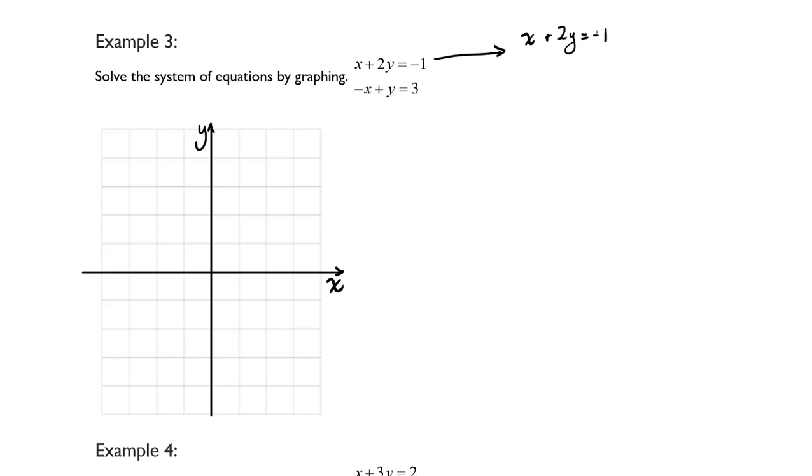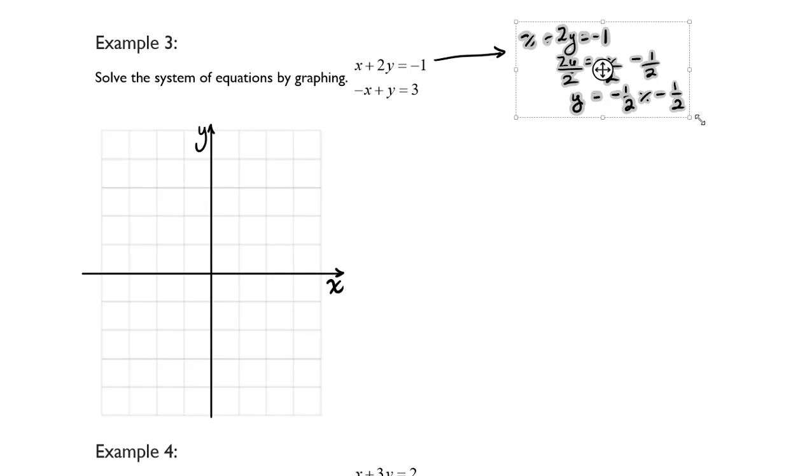So converting this to slope-intercept form, I would have 2y is equal to -x minus 1. And then if I divide everything by 2 on both sides, I get y is equal to -1/2 x minus 1/2.